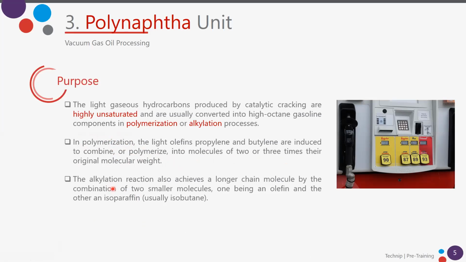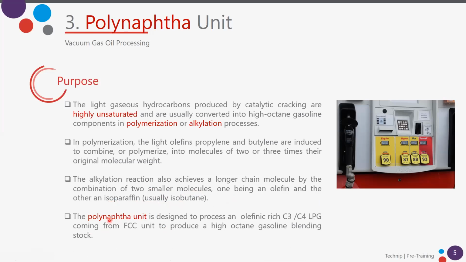The alkylation is another very used process in the refineries. The reaction also achieves a longer chain molecule by the combination of two smaller molecules, one being an olefin and the other an isoparaffin, usually isobutane.